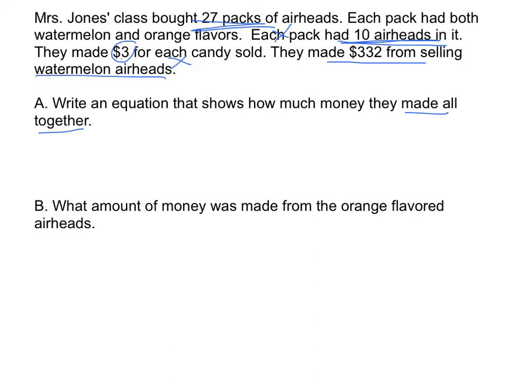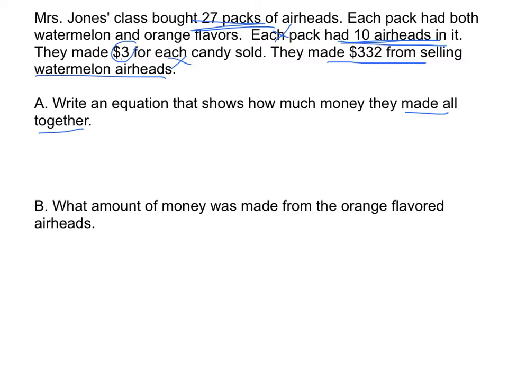Well, I know that I'm going to have to multiply the $3 to find out how much money they made. But to find the $3, I am going to need to know how many, what? What am I looking for? I need to know how many Airheads. Right, how many Airheads they bought.